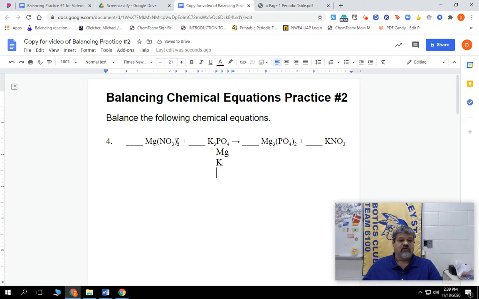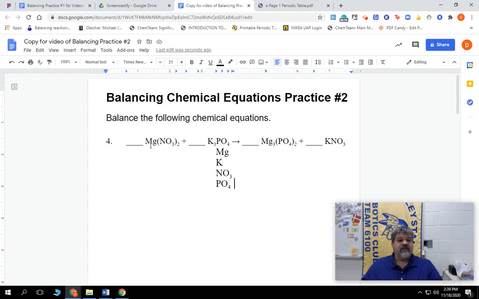Then nitrate, NO3, and our last one, PO4. So we have our magnesium, potassium, nitrate, and phosphate on each side.